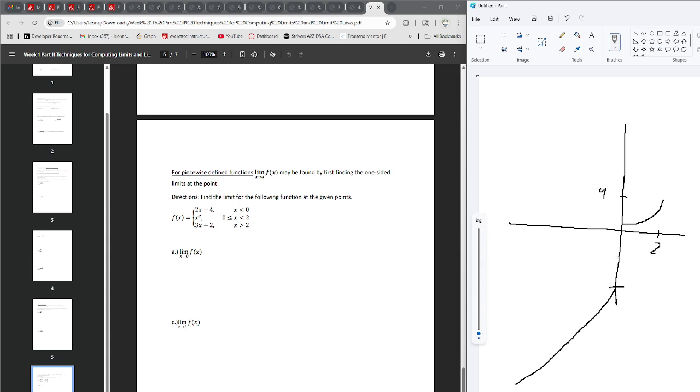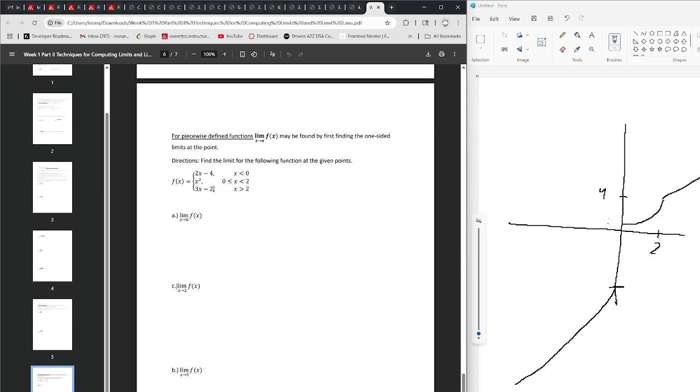Then it just goes linear like that because at x of 2, 3 times 2 is 6 minus 2. That's 4. So this graph looks weird, but it works. So the limit at 0 just doesn't exist.